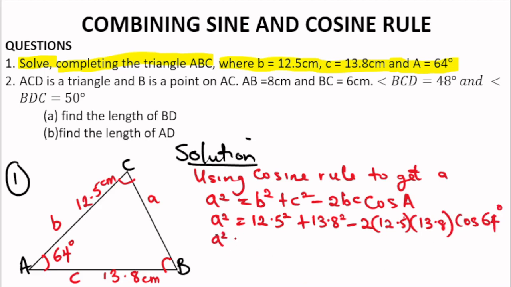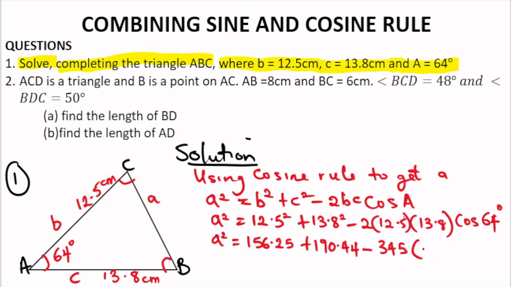Now a square is equal to 12.5 square, we have 156.25 plus 13.8 square, we have 190.44 minus, when we multiply 2 times 12.5 times 13.8, we'll have 345 times cos 64.